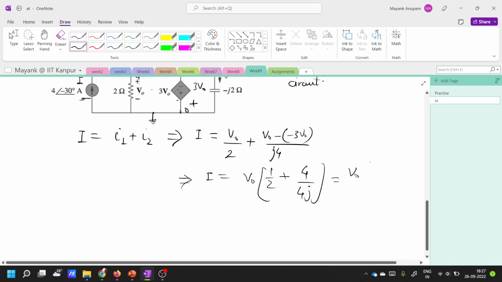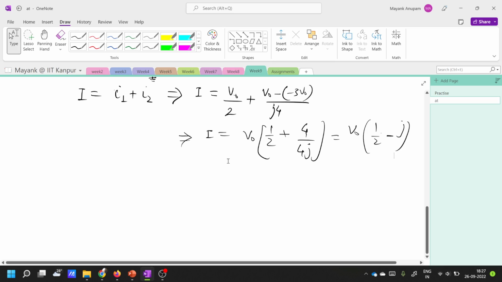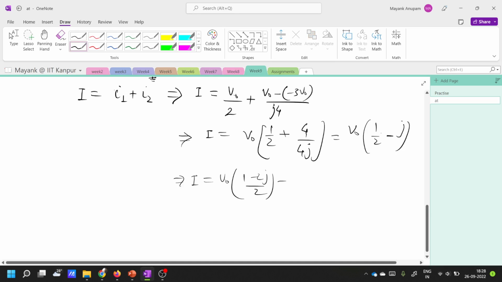This becomes V0 times 1 by 2 minus J, correct? Fine. So the final value: I is equal to V0 times (1 minus 2J) by 2. This gives V0 is equal to 2I divided by 1 minus 2J.